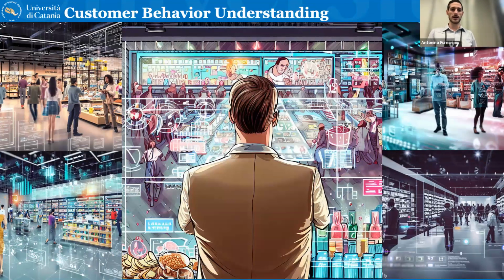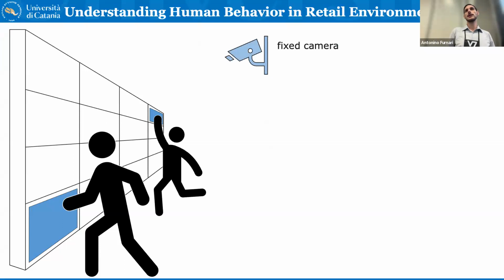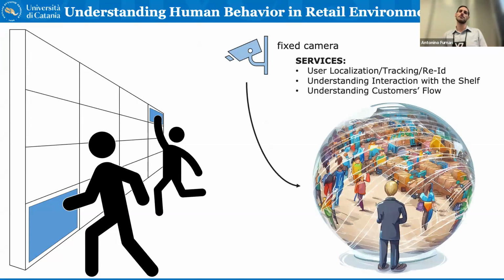One of the things that comes to mind is to place a camera, maybe hung on the wall or the ceiling, and start collecting videos of people going around in a supermarket and interacting with objects. This already allows you to deploy some interesting services such as localizing, tracking, re-identifying people, understanding how they move, and how they interact with the shelf, which is very valuable for managers, for instance.